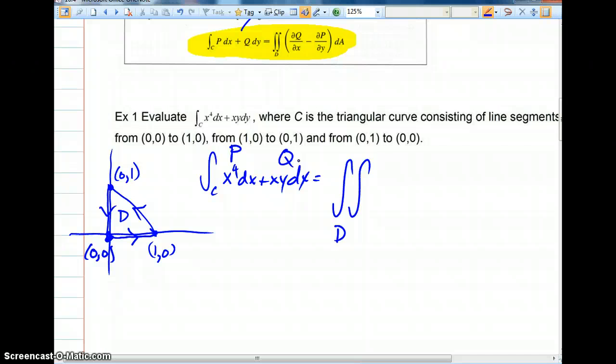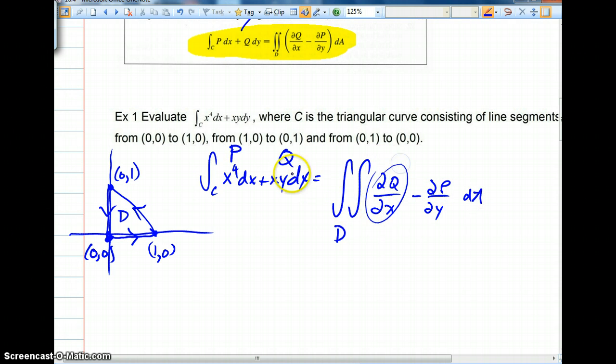But Green's theorem is always going to reverse the trend, so to speak. We would take the partial derivative of Q with respect to x minus the partial derivative of P with respect to y. What is the partial derivative of Q with respect to x? Very simply just a y. And what about the partial derivative of P with respect to y?